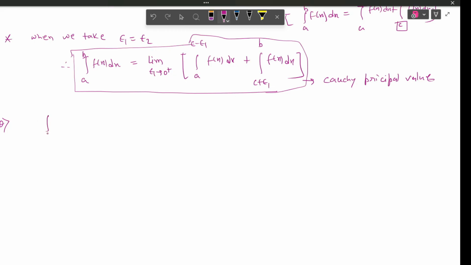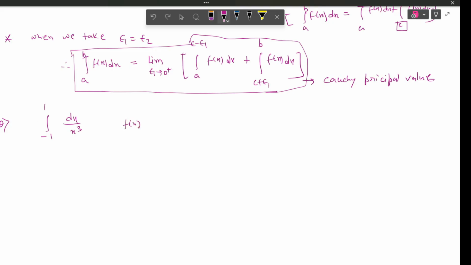Let us say we have to evaluate the integral from -1 to 1 of dx by x cube, right? Here everything looks good, but we know there is a point 0 in between -1 and +1. If we put 0 here, 1 by 0 is infinite. So there is a point of infinite discontinuity at x equals 0.